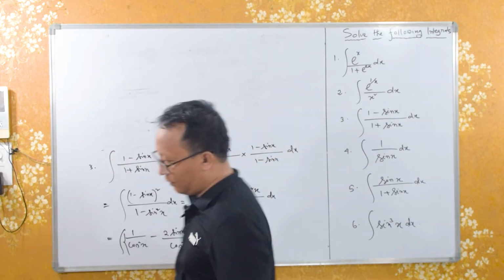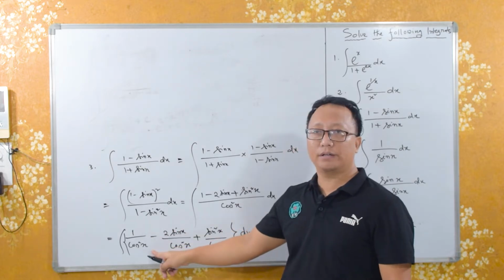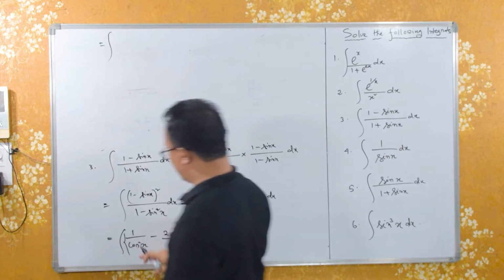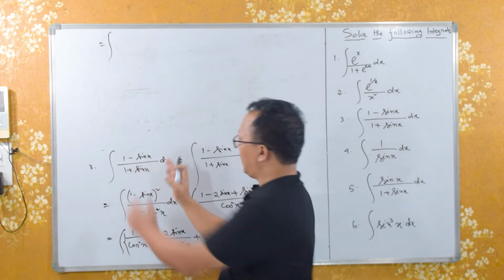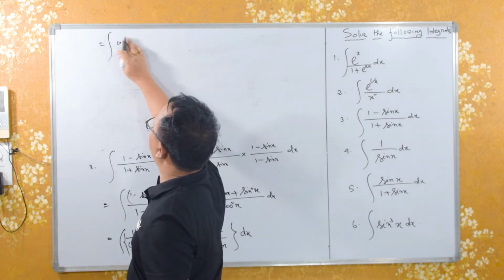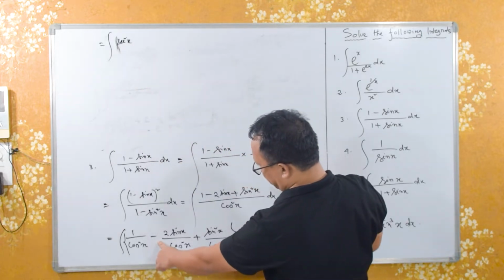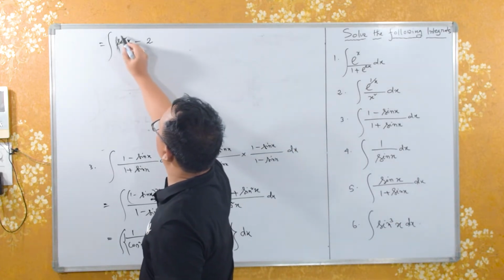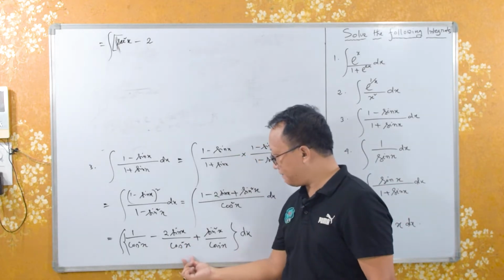Now here 1 upon cos square x is what? 1 upon cos is sec, so 1 upon cos square x is sec square x. This is equal to the integral of, still I didn't do any integration, I am just manipulating inside the integral, sec square x minus 2, and here we have cos square x, which means cos x into cos x.